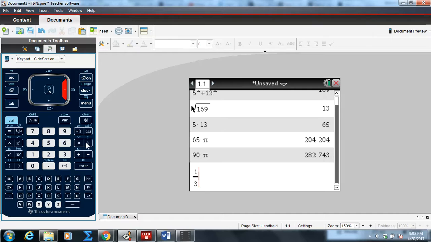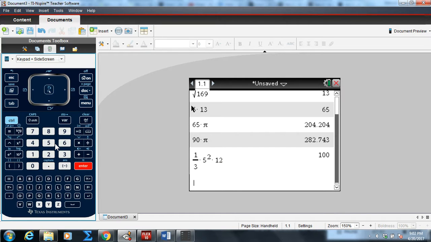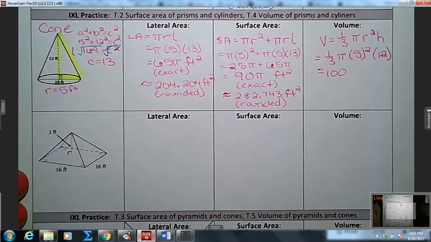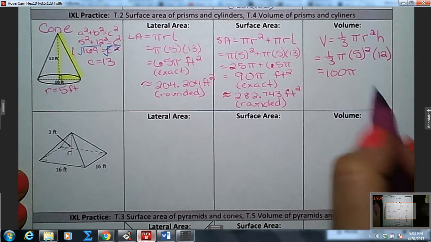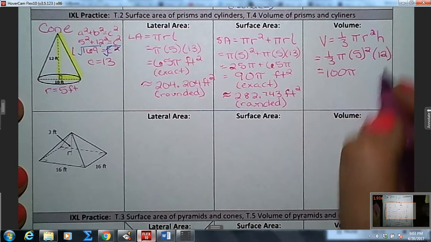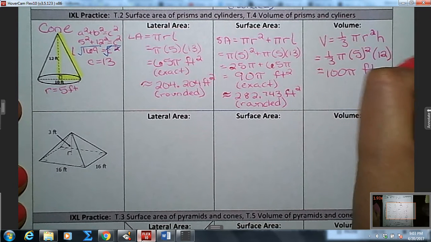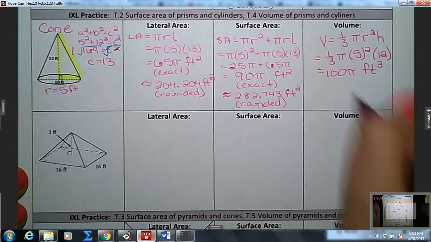One-third times 5 squared times 12. That's 100. I'm attaching pi back to it. And this is now a volume measure, so we're talking in cubic feet.